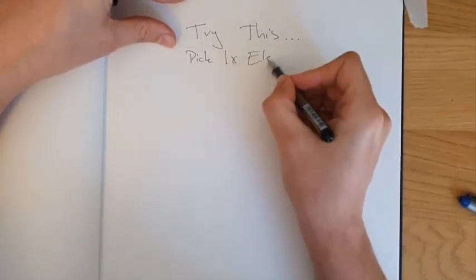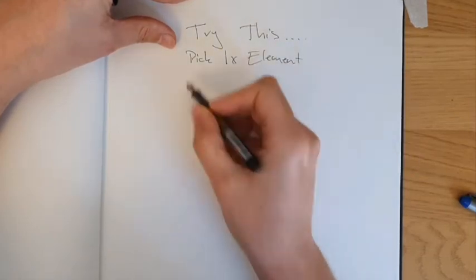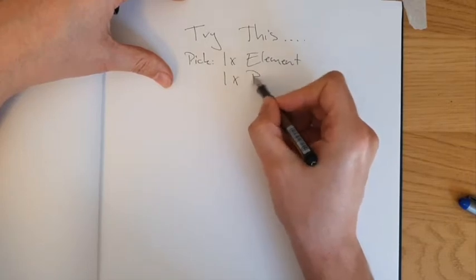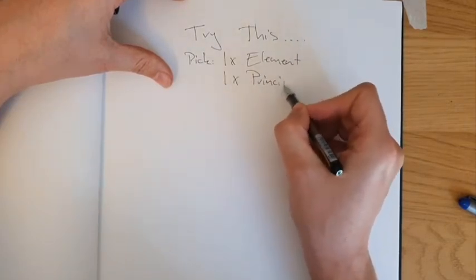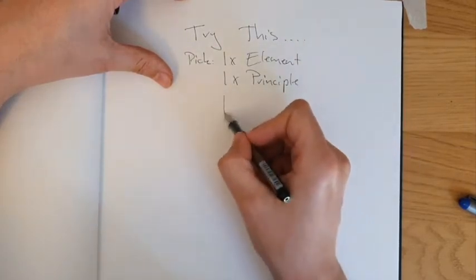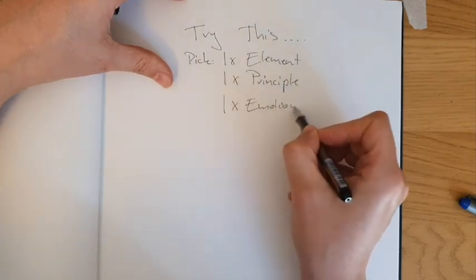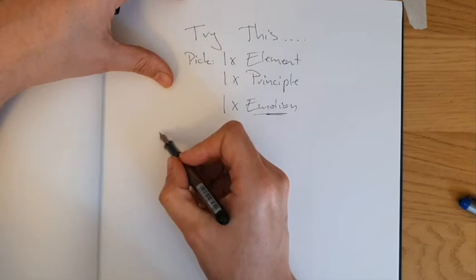If you pick an element, could be point, could be line, could be plane, could be volume. Pick a principle, could be asymmetry, repetition, balance, harmony, and pick an emotion. It could be any emotion you want, very simple.